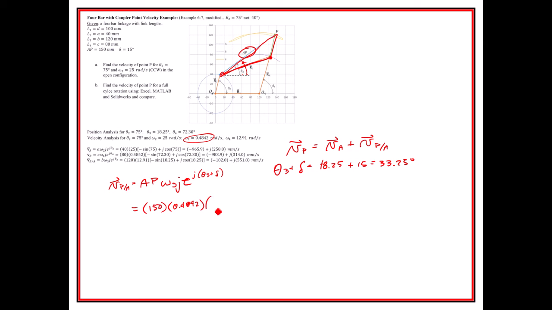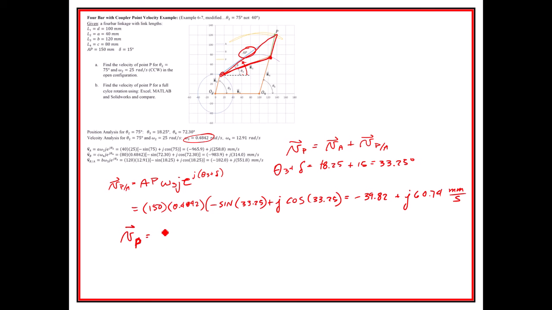And then I took the Euler identity, but already multiplied by j, so the sign is negative and the real number here, we got the j and then the cosine of the 33.25, and I end up with a negative 39.82 plus j times 60.74 millimeters per second.